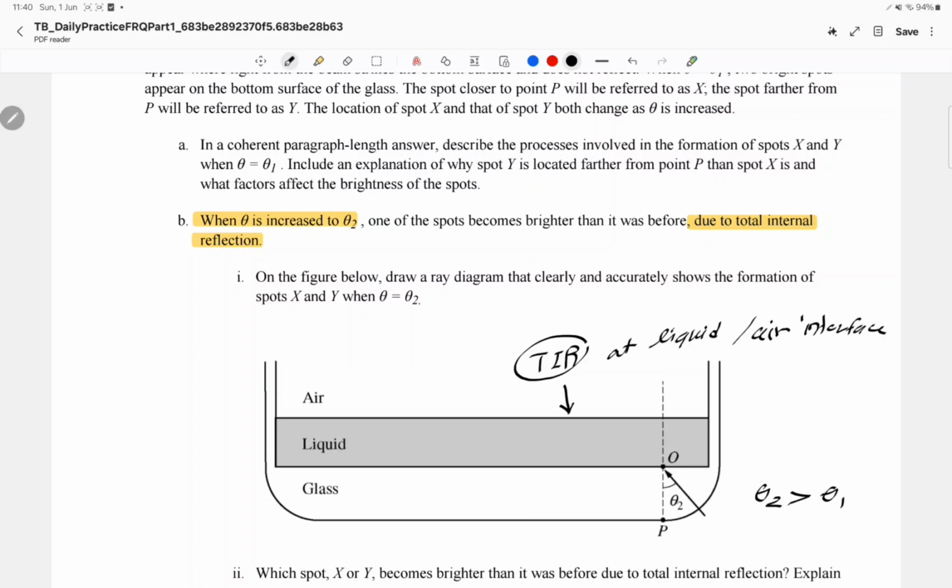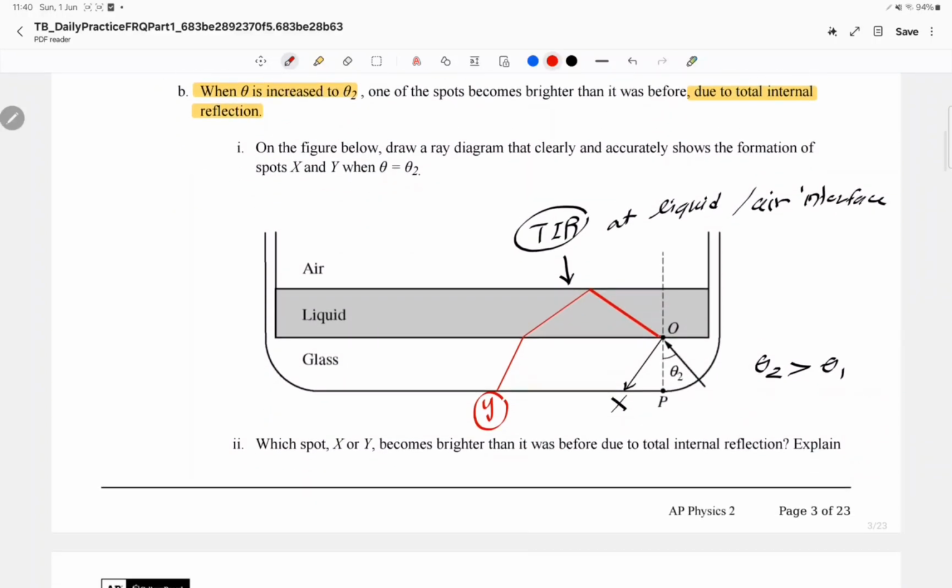Okay, so now let's draw the arrows. This arrow is going to reflect back, forming spot X, but it's also going to refract here at the glass liquid interface, away from the normal. Then it's going to reflect back, and then refract toward the normal. It's going to form spot Y, with Y now being brighter than before because no light will be going into the air.